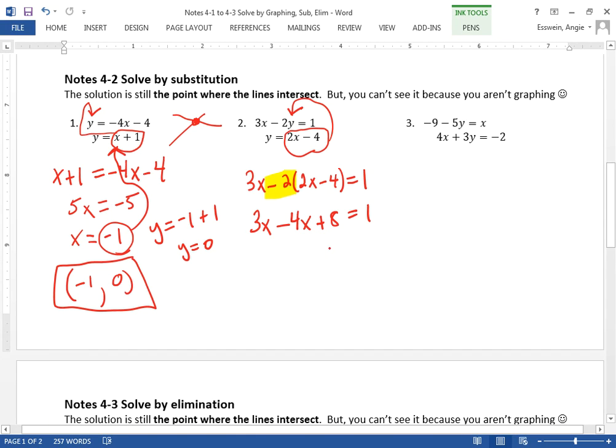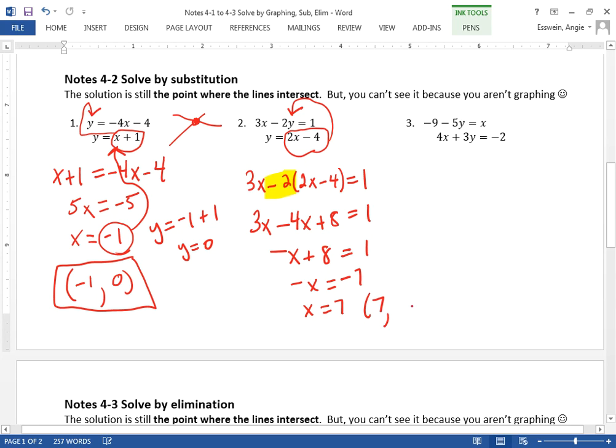And now it's one equation with one unknown, whereas we started out with two equations with two unknowns. So we get -x plus 8 equals 1. So -x equals -7. And then you just divide both sides by -1 and you get x is 7.